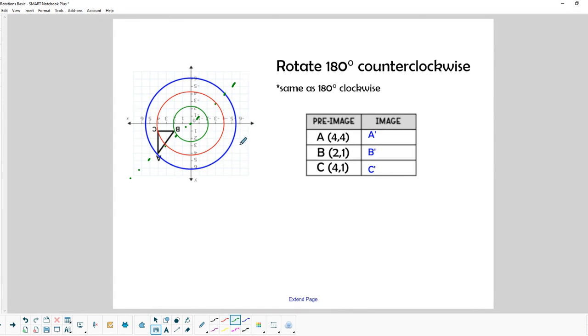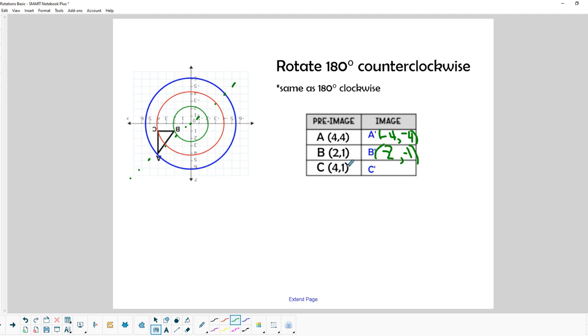All right, if we take a look at that, what are the coordinates of these points? A prime would be -4, -5, or excuse me, -4, -4. 2, 1 is now -2, -1.